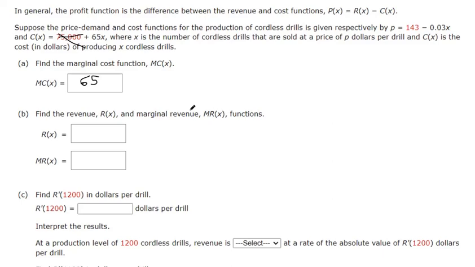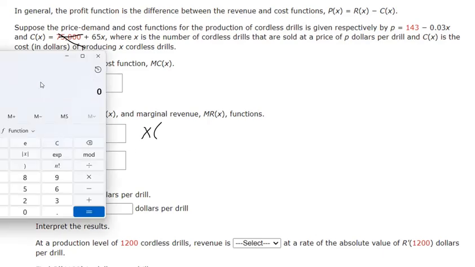The revenue and the marginal revenue. So let's see, they have the price, demand, and cost functions. Okay, so this is the price of the product, wherein x is the number of cordless drills that they sell. So the revenue is how much money they're bringing in. They're selling some unknown amount x of cordless drills, and we're going to multiply that by the price, right?